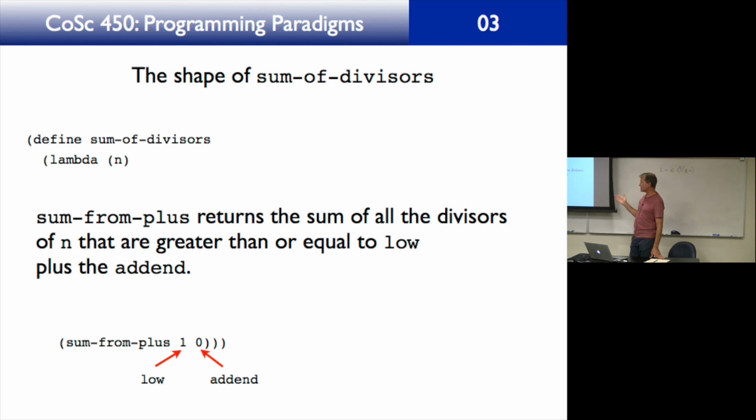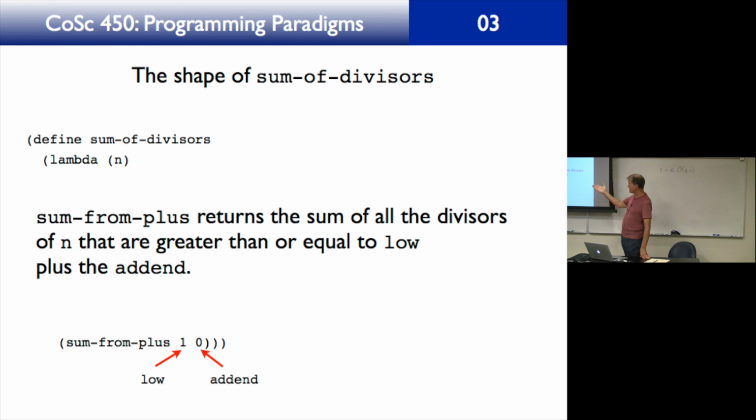And what it does is the following. Sum from plus returns the sum of all the divisors of n that are greater than or equal to low, plus the add-end. So what does it return when we call it with low of 1 and an add-end of 0?